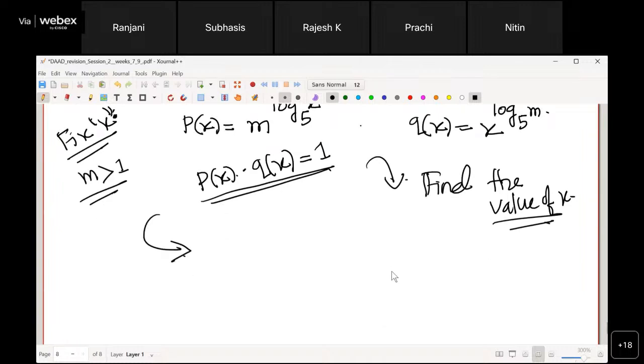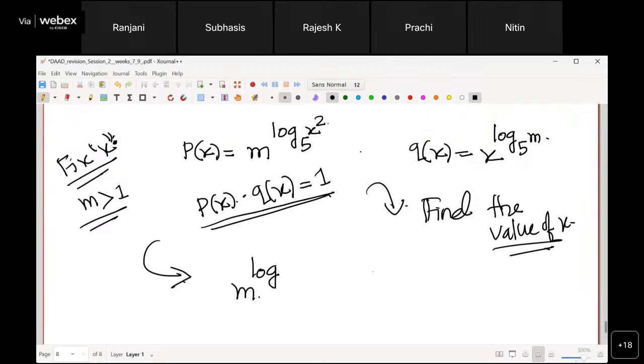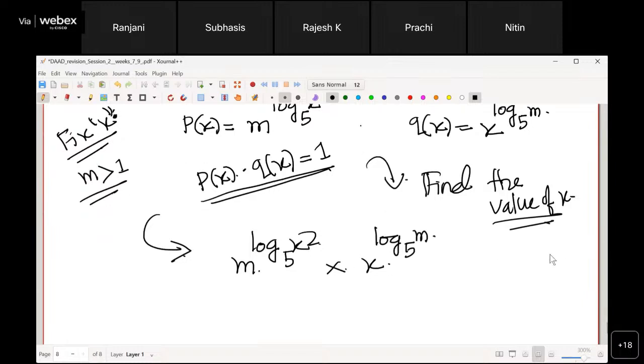So m power log 5x square times x power log 5 m, right? So this is equal to 1, right? Hello?